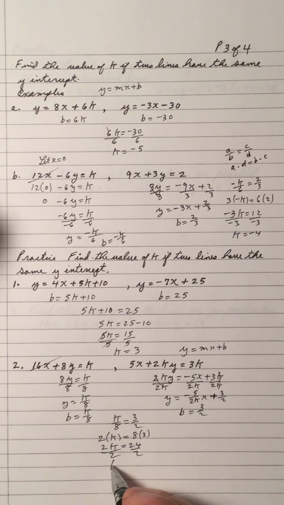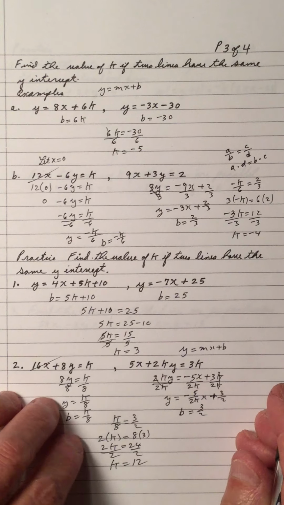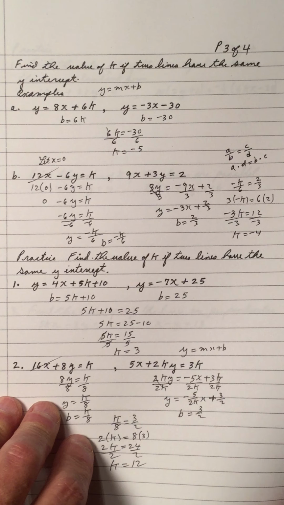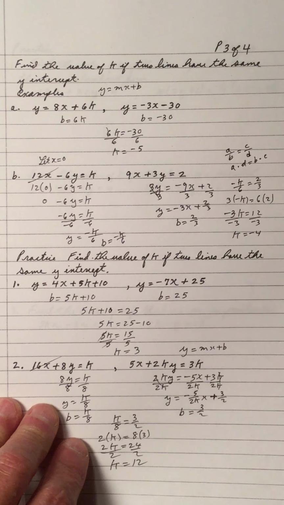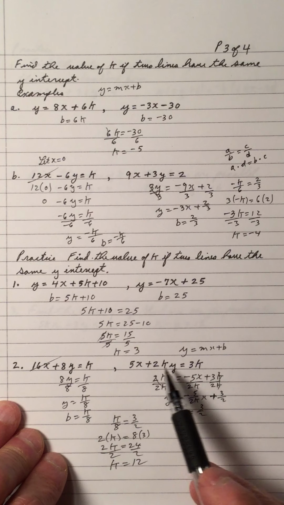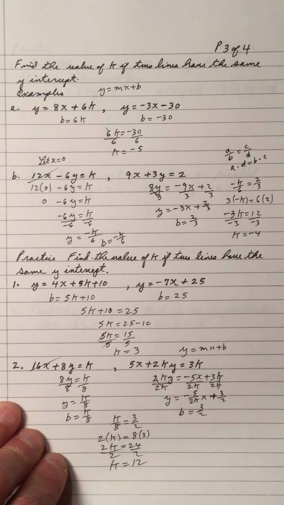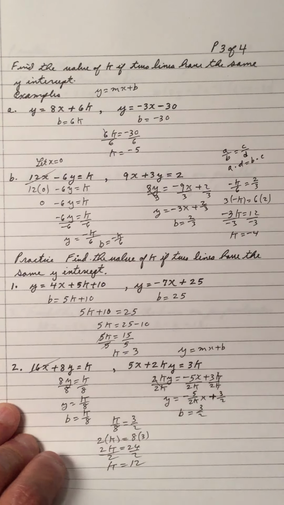Divide by 2, and k equals 12. And if you want to check it yourself, put 12 in here and here, and solve them for y to see if they have the same y. Just try it, and it'll make it true.